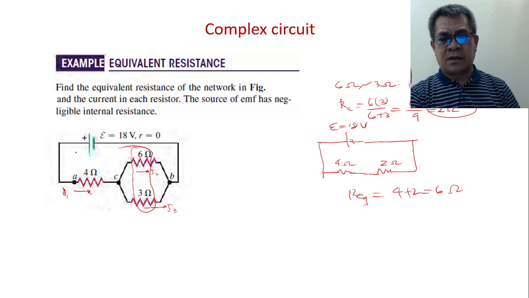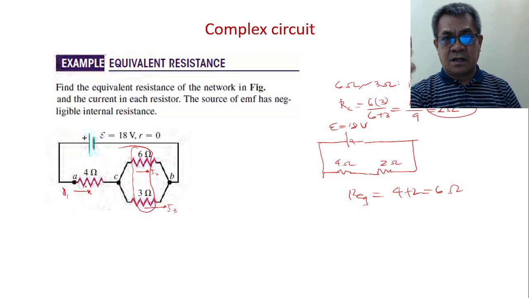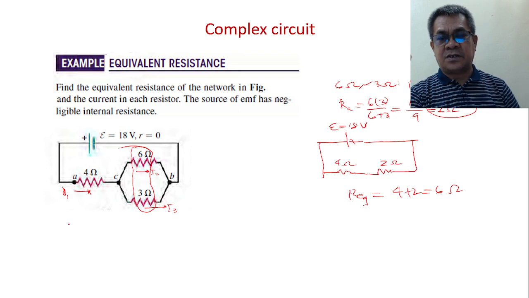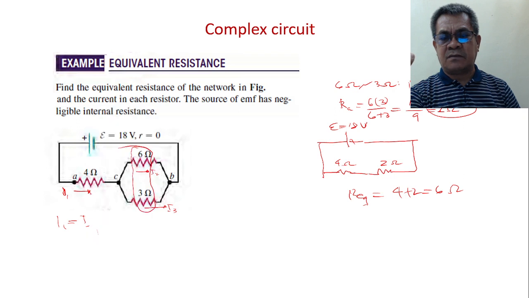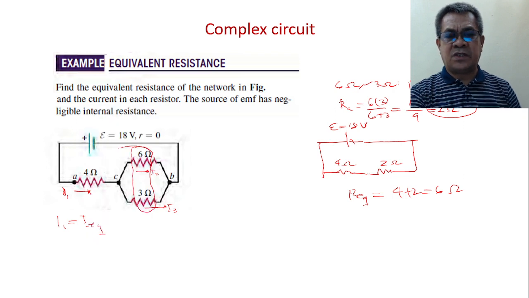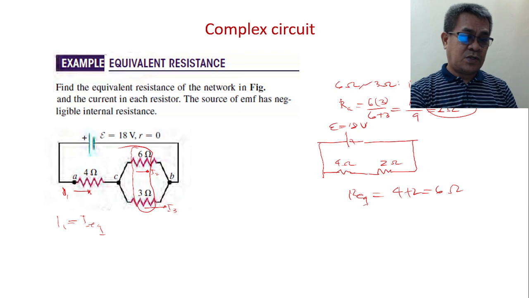Whatever current is in the source should be the current in R1. So, in other words, the problem is, what is I1? This is the same as I equivalent, which means that we need to calculate the I equivalent in order to solve for I1. This is one way to solve.